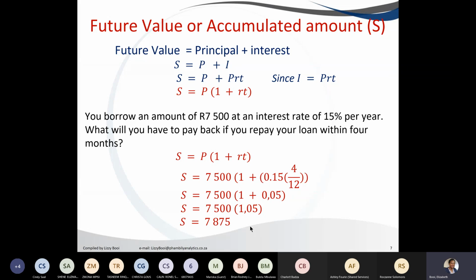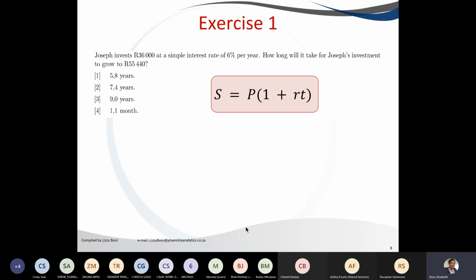Any question? If there are no questions, there is your exercise.